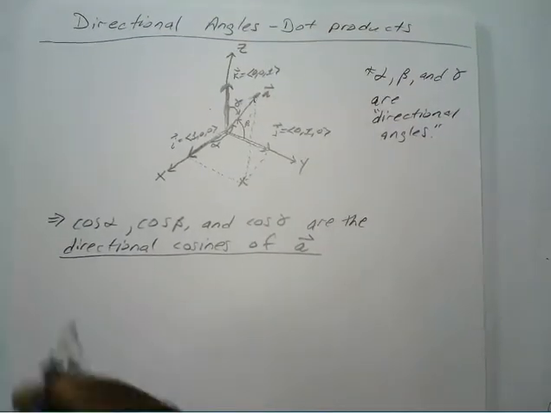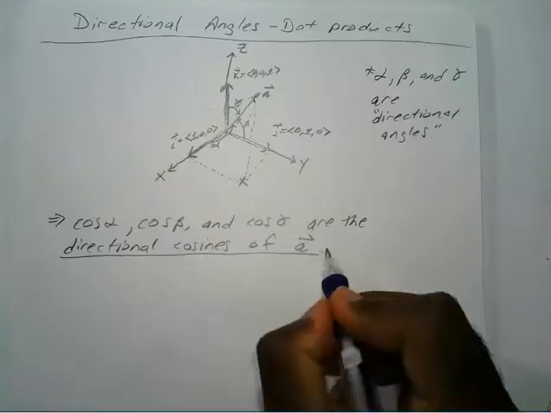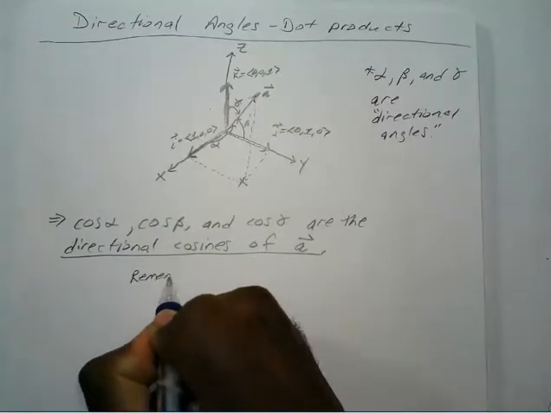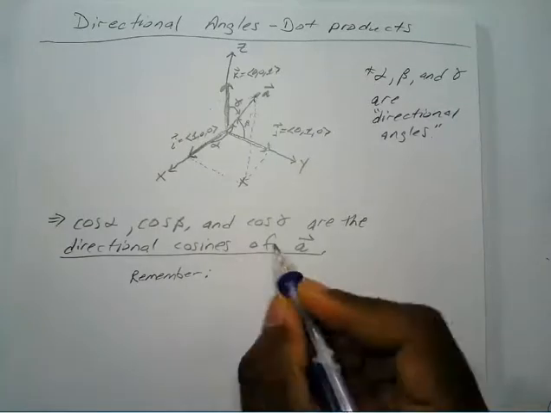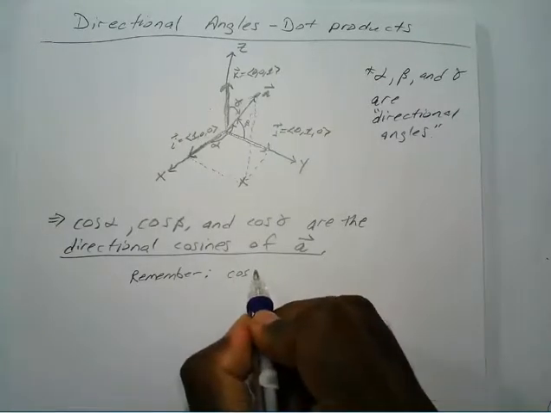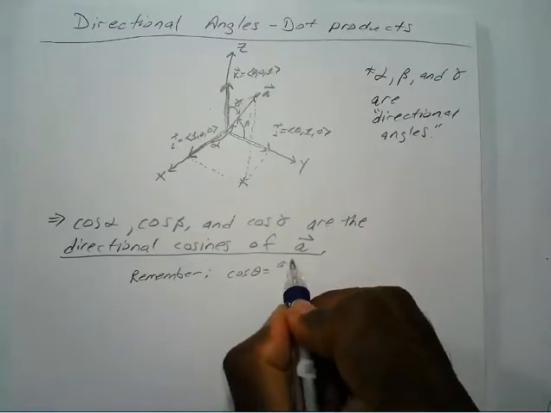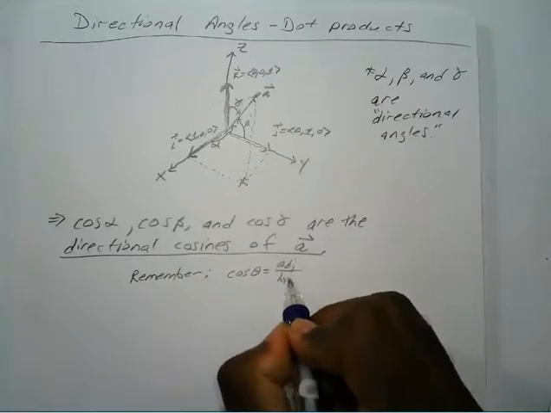Now, just remember that cosine of some angle theta equals adjacent over the hypotenuse.